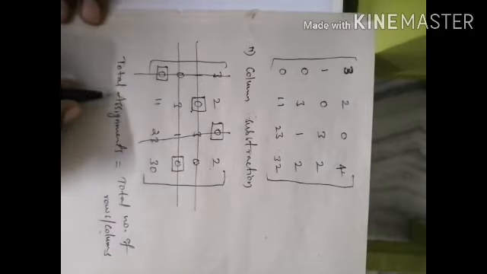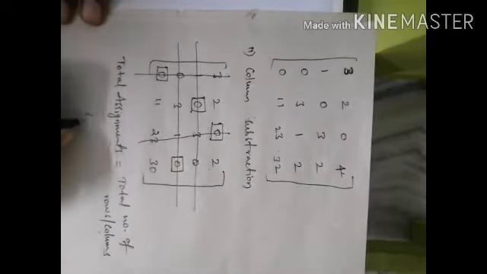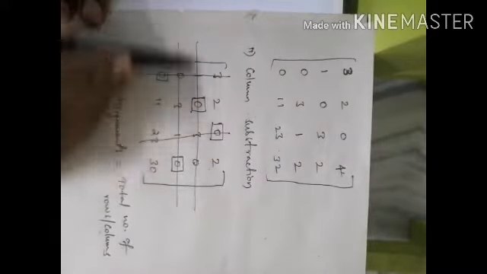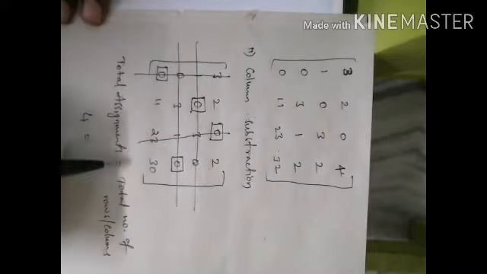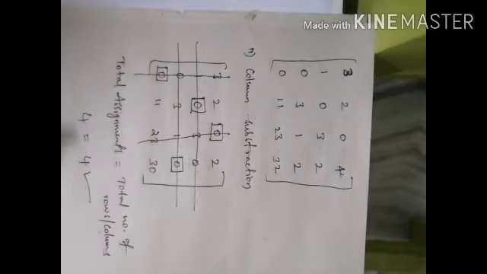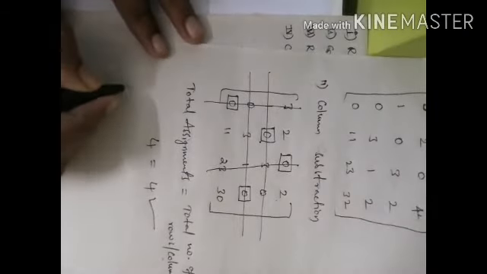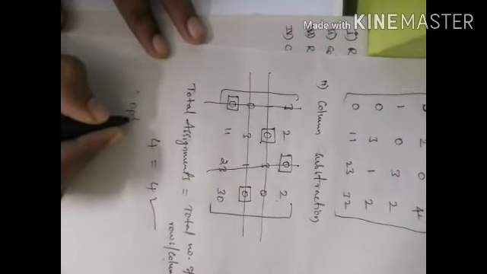Okay, so here the total assignments are 1, 2, 3, 4. So 4 assignments are there, and the total number of rows is 4, and 4 columns are there. So the condition is satisfied, so we are getting the optimum solution. Optimum solution is reached.